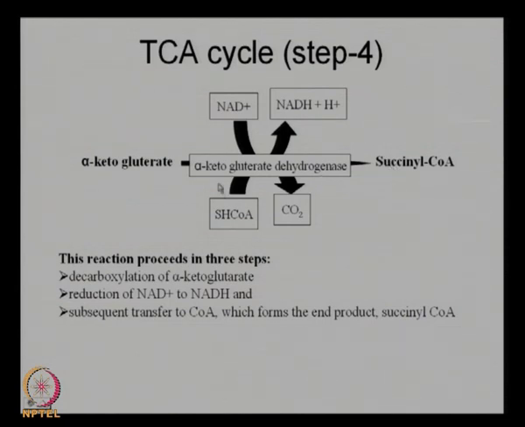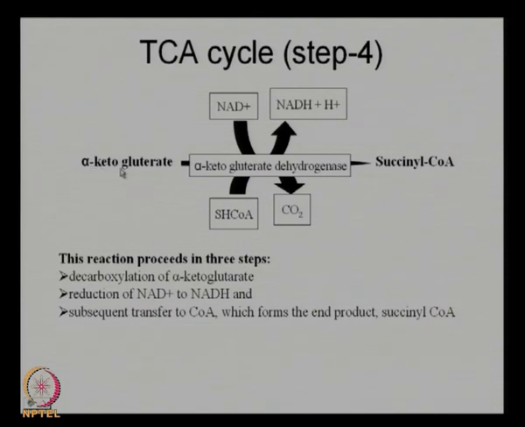This reaction mainly takes place in 3 steps: decarboxylation of alpha ketoglutarate, reduction of NAD to NADH, and subsequent transfer of coenzyme A, which forms the end product succinyl CoA.